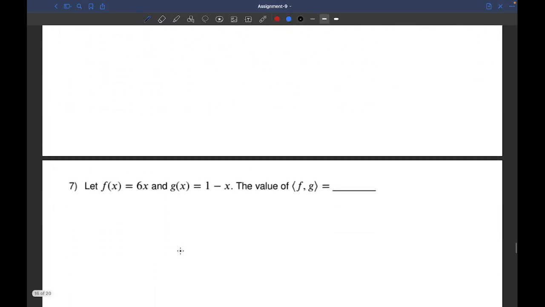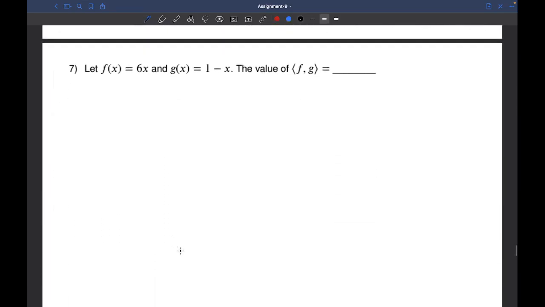What is question number 7? Here, with the same setup, f(x) is 6x and g(x) is 1 minus x. You have to find the inner product of f and g. How is the inner product defined? Integration 0 to 1 of f(x) g(x) dx, right?